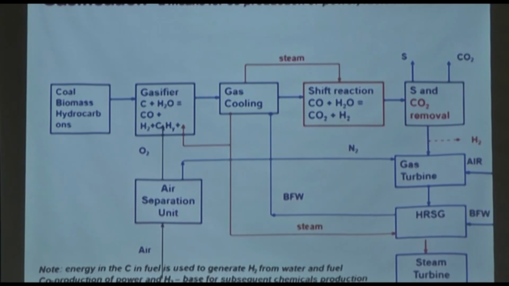Say, for example, this box is a gasifier, and the source of fuel into it could be anything, as long as it is a hydrocarbon. Coal is a hydrocarbon, biomass is a hydrocarbon, petroleum coke is a hydrocarbon, liquid feed, solid feed, a mix of liquid and two-phase feed, all possible.